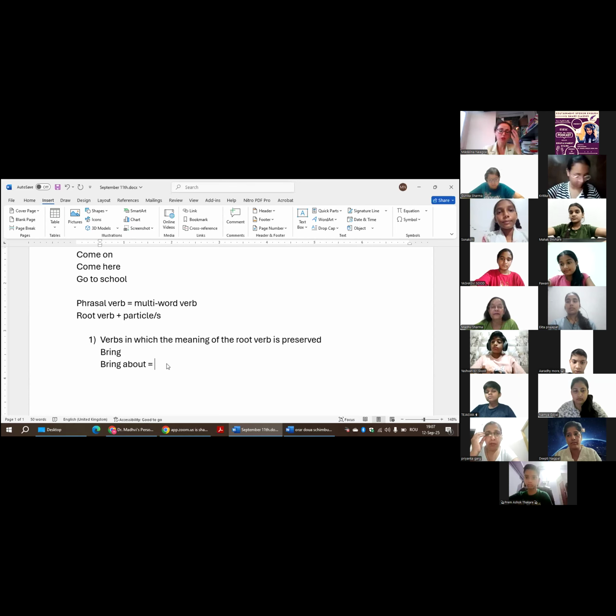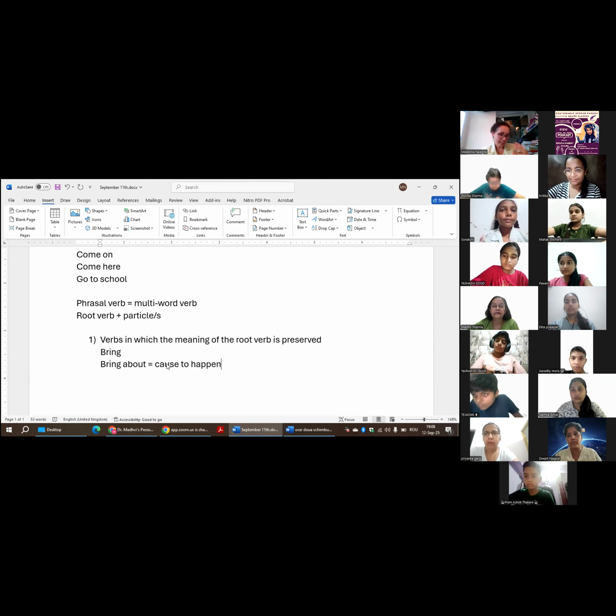Because we know that bring means to carry to a certain place closer to us, we realize that bring about means cause to happen. Make something happen. So if bring means carry an object closer to you, bring about means carry an event closer to you.